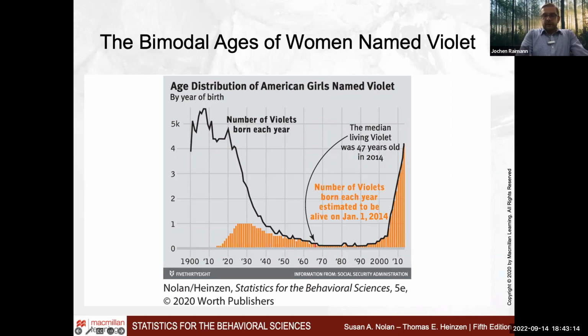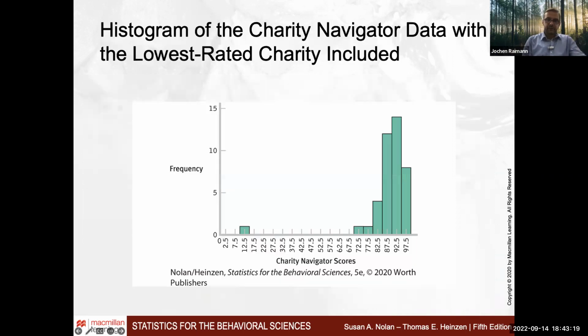So now, continuing on, we're getting to a very important topic, that is the sensitivity of these markers of central tendency to outliers. So outliers are a problem.